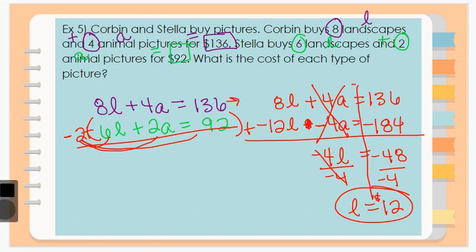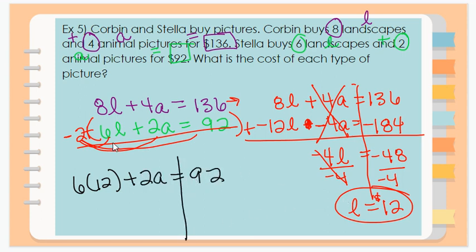All right, and now let's plug back in and find how much an animal picture cost. I'm going to use the green one, before we multiplied. So 6 times 12 plus 2A equals 92. I'm just taking the 12 and plugging it in, since we know that's what L equals.